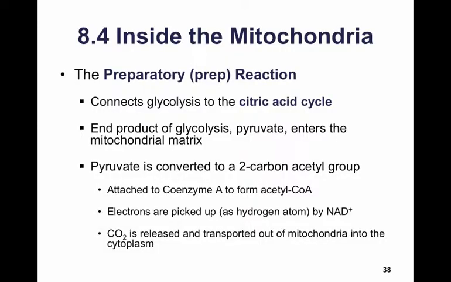Inside the mitochondria, there's a preparatory step connecting glycolysis to the citric acid cycle, where pyruvate is converted to a 2-carbon acetyl group and the first carbon dioxide is released.